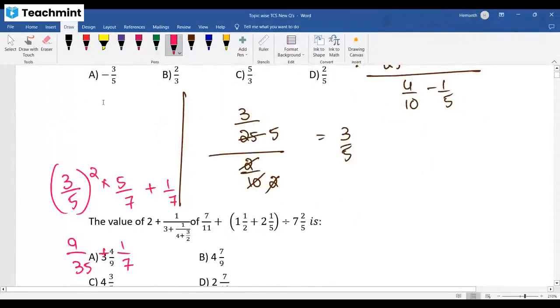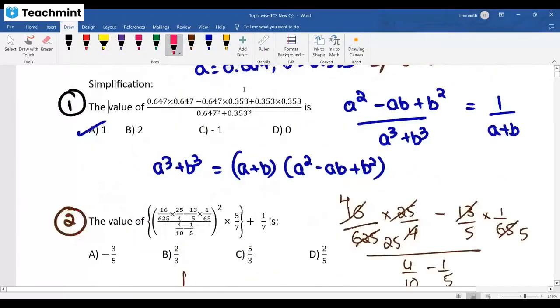Okay, this is moving wherever I am going. Fine, anyhow, what's the answer here?